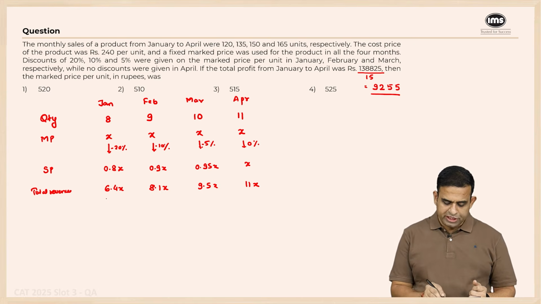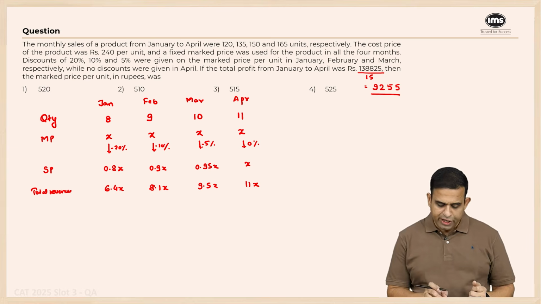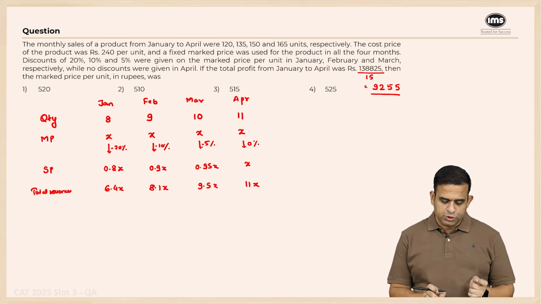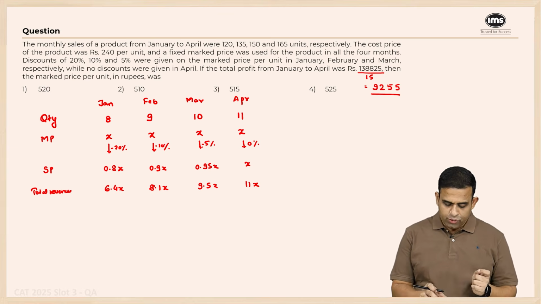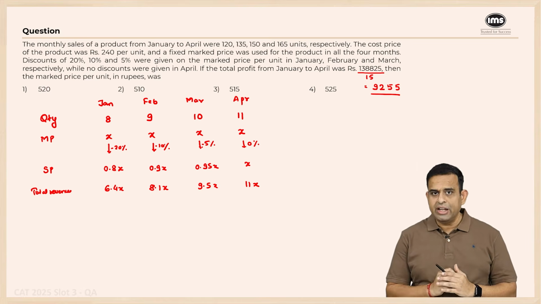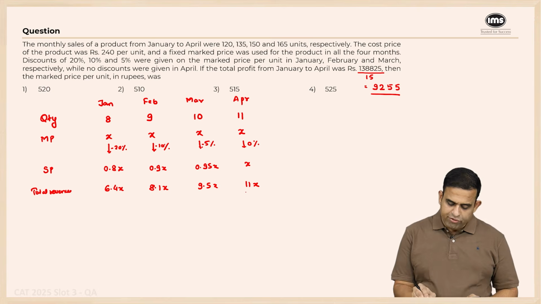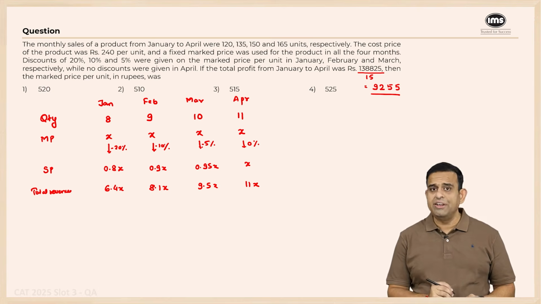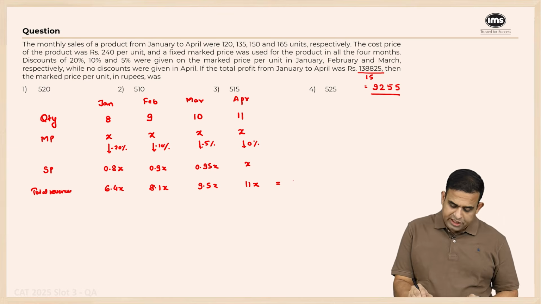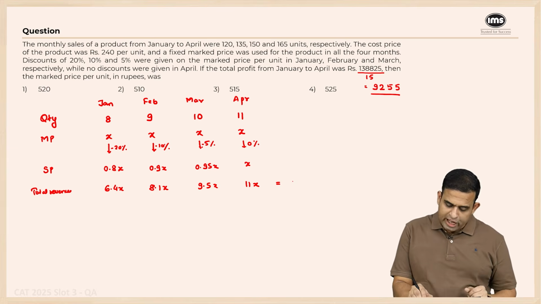If you add them up, 6.4 plus 8.1 becomes 14.5. 14.5 plus 9.5 will give you 24x. 24x plus 11x will become 35x. The total revenue earned across the 4 months happens to be 35x.